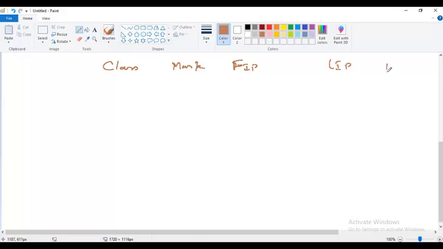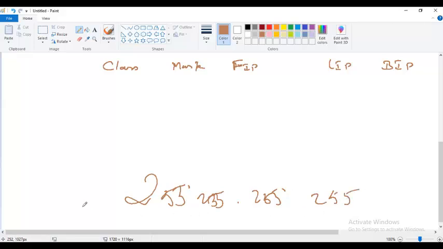See, for every network, there is a broadcast address. I want to repeat this word again. When we say broadcast address, we say 255.255.255.255. This address is called broadcast address, and this is the universal broadcast address.